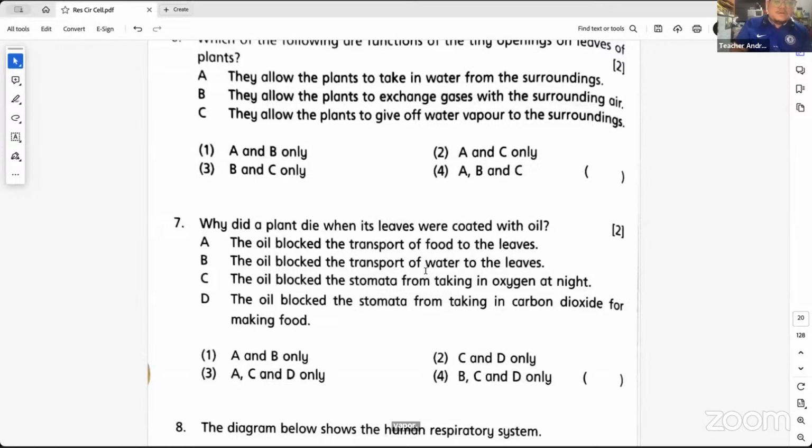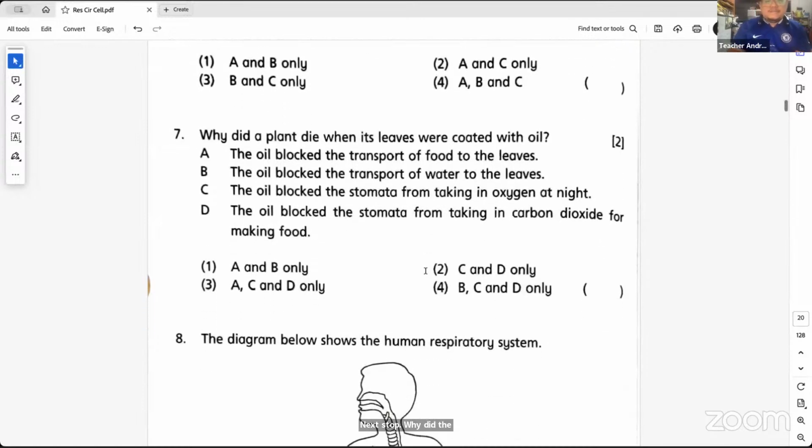Next up, why did a plant die when its leaves were coated with oil? Well, for this case, the answer is number 2, C and D. Why? Because oil prevents the stomata from taking in oxygen.